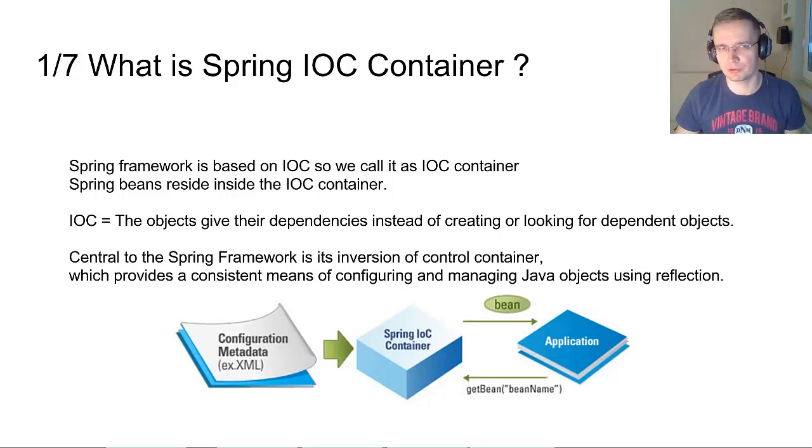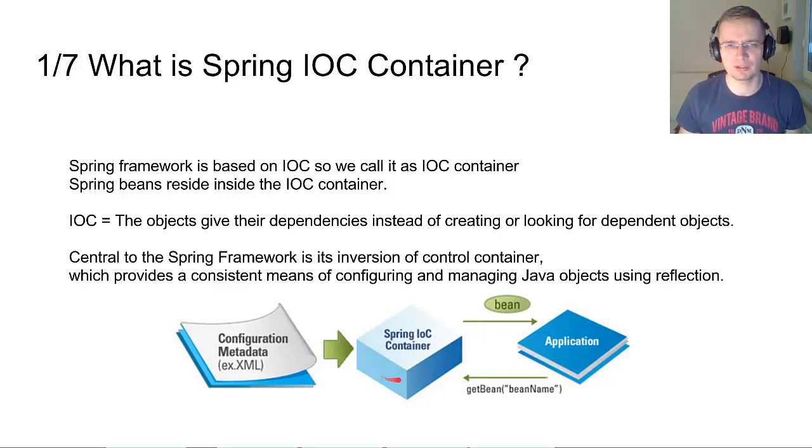Remember that Spring framework is based on IOC, which stands for inversion of control. So we call Spring the IOC container. IOC means that the object gives its dependencies instead of creating or looking for dependent objects.